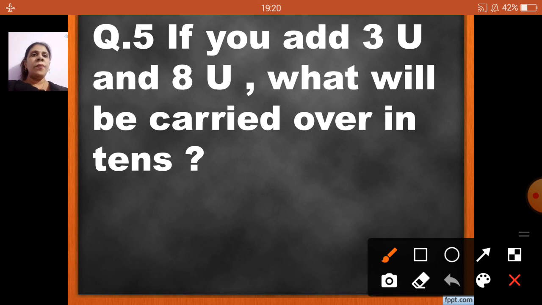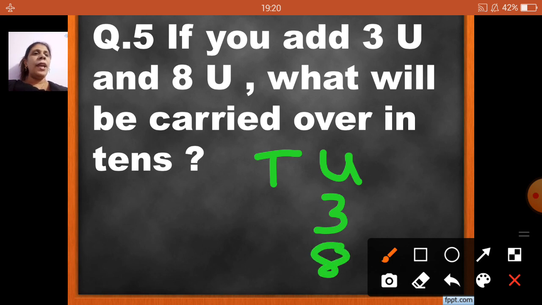Now see, this is tens and this is unit, and I am writing the unit numbers, 3 and 8, and I will write a plus sign here. Now if I add 3 plus 8, what answer will I get? After 8 I will add 3 more, so 9, 10 and 11. So I get 11.